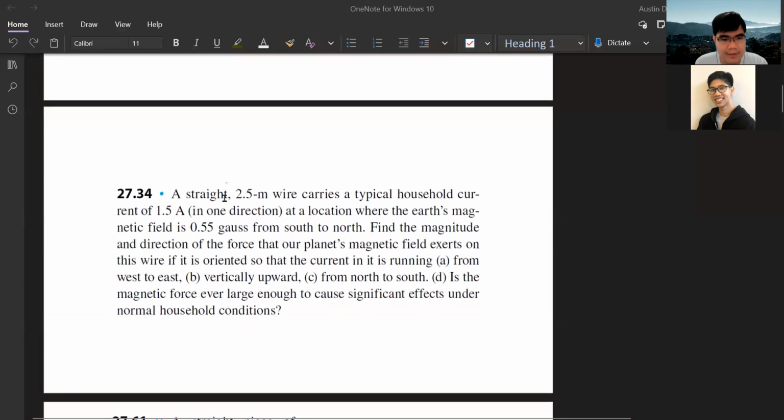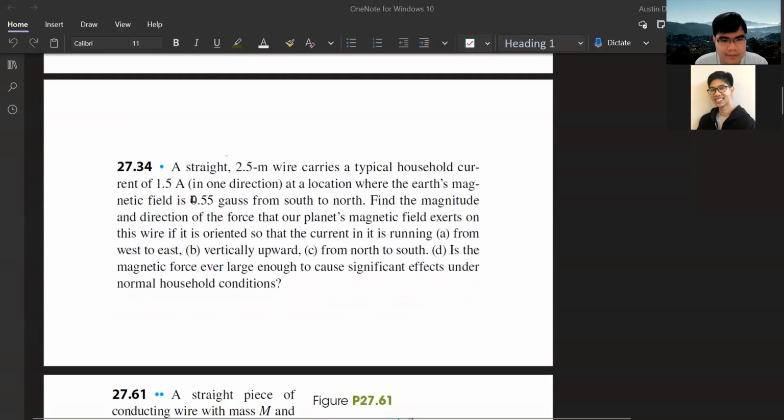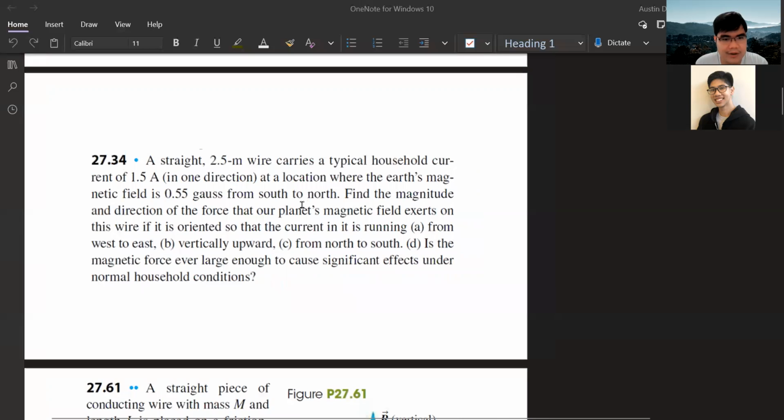Okay, so meron daw tayong wire, 2.5 meters in length, tapos meron siyang typical household current, which is around 1.5 amperes. Tapos nakapwesto siya na-experience niya yung magnetic field na 0.55 Gauss from south to north.